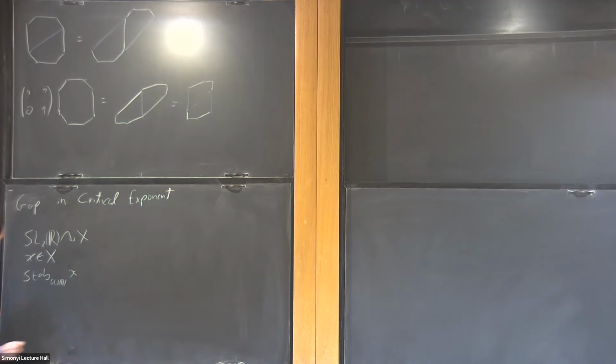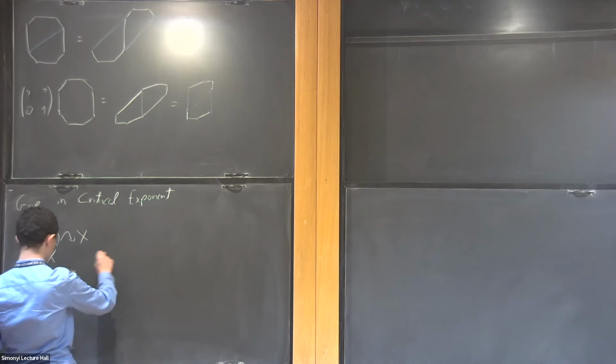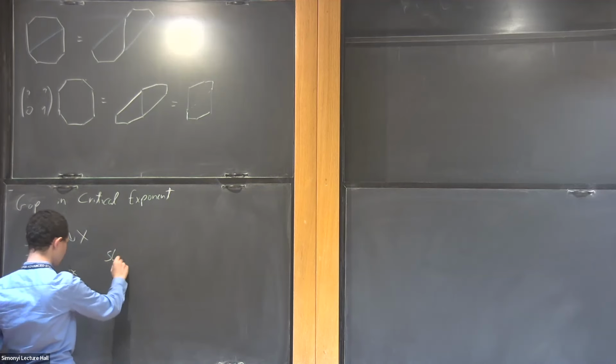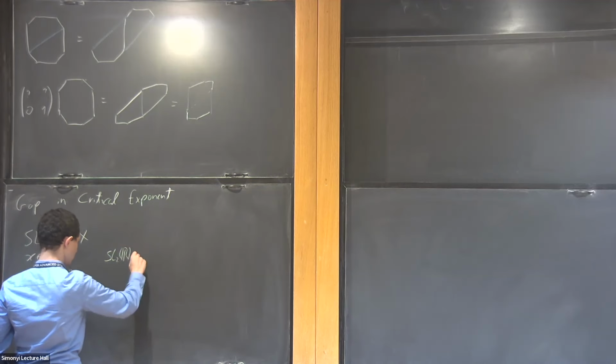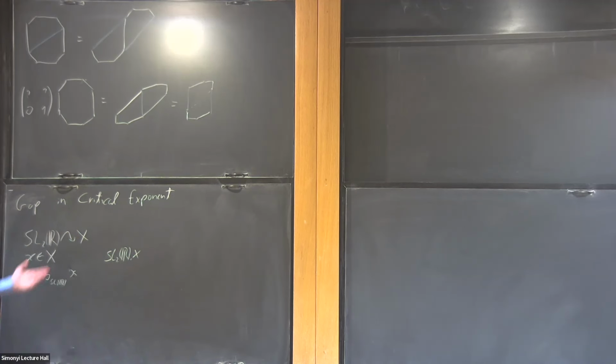If the stabilizer is a lattice, the orbit SL2R of x is called periodic, and in many cases, periodic orbits have been studied quite a lot. But today I want to ask a different question. What can you say on the stabilizer if it's not a lattice?